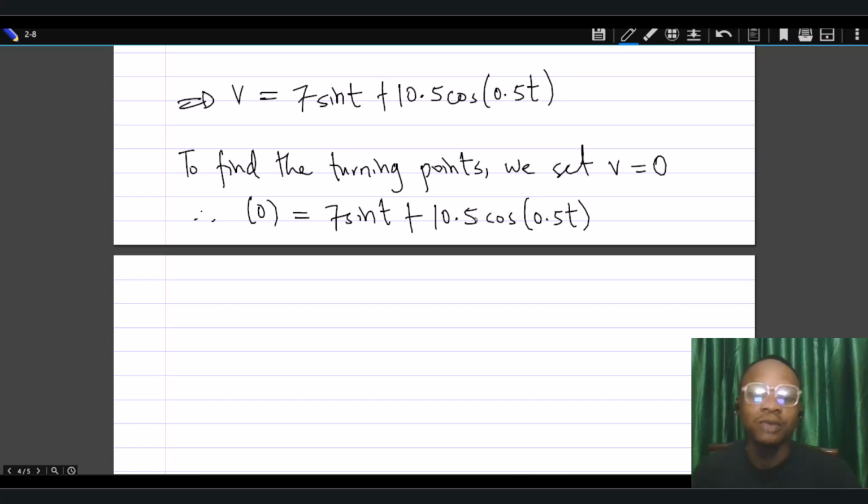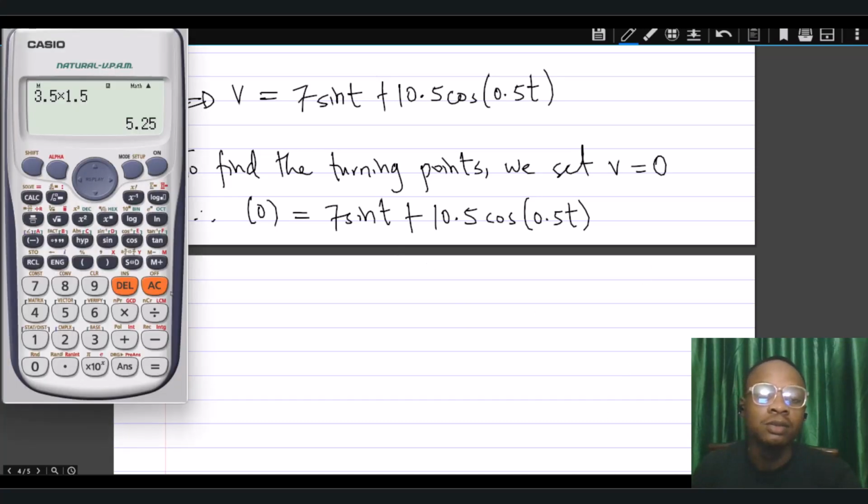So let's see firstly what the calculator says about this. We enter the function in our calculator and equate it to 0 and solve. I'm going to use x instead of t, so it doesn't matter.